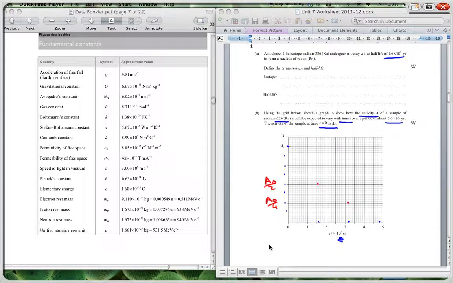And then it would be A0 over 8. It would be half again. So those are our points. Now we've got to draw a smooth curve through all of those points, so we'd get a graph something like that.